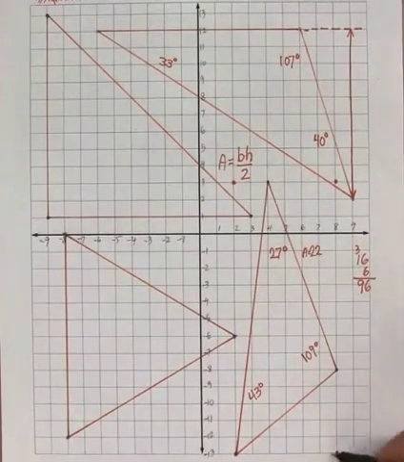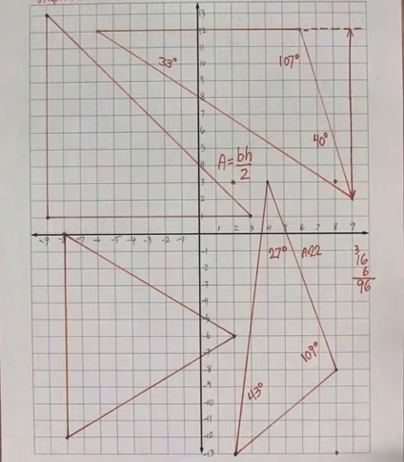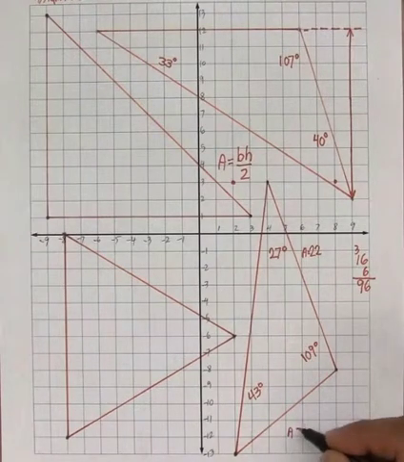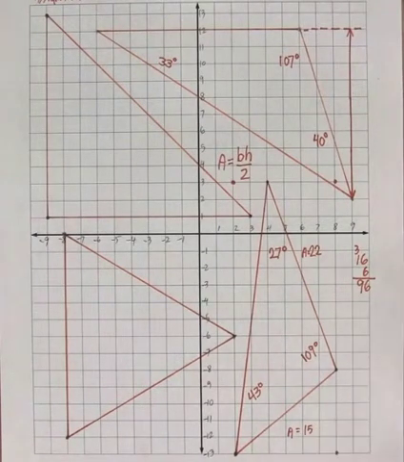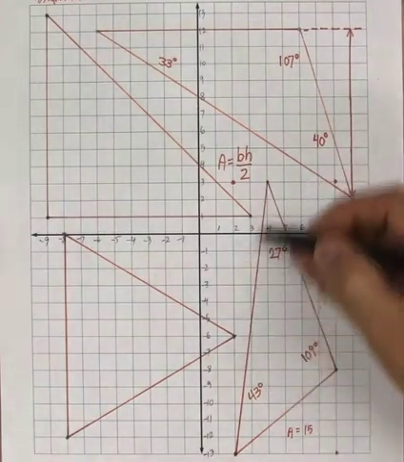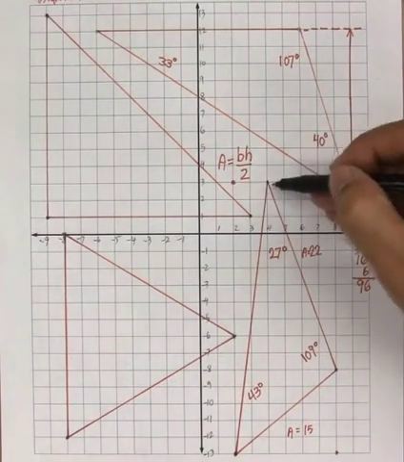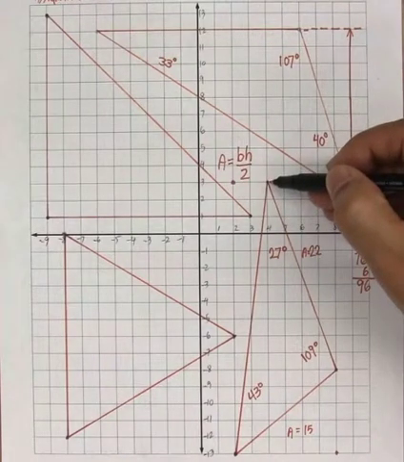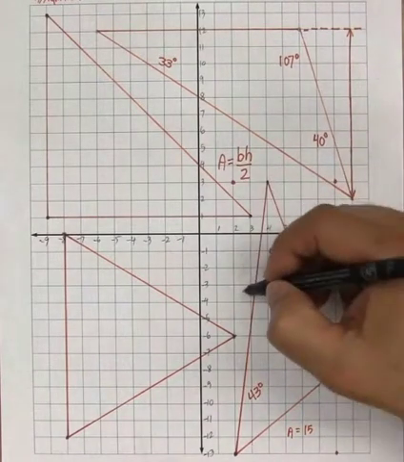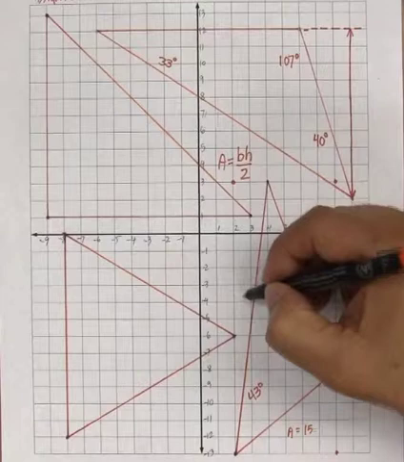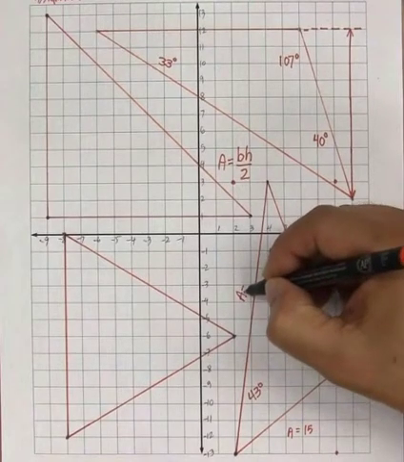This is 5 times 6, which is 30, divided by 2 is 15. This area here is 16 times 2, that's 32, divided by 2 is 16.